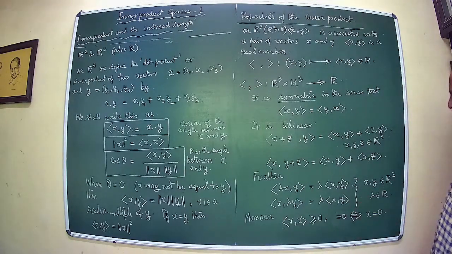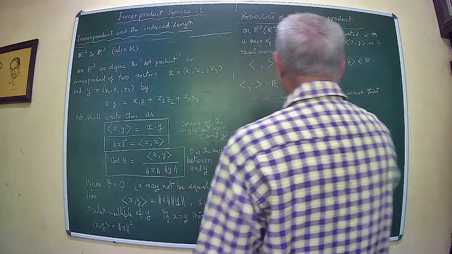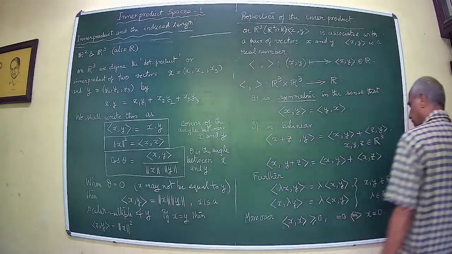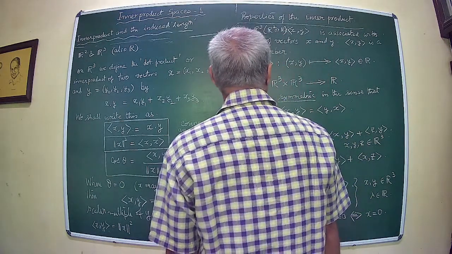Now this is quite easy to do. Okay. So these are some of the vital properties that you can immediately verify for the inner product or the dot product.